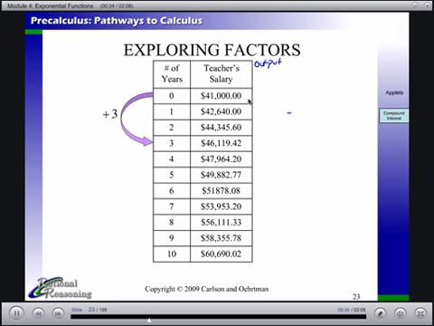Why would you do that? It's 3 years later. So you need to multiply it by 1.04 3 times. Exactly. We just talked about to get the salary the next year, multiply by 1.04, and then the next year after that, 1.04, and then to get it in year 3, multiply by 1.04.